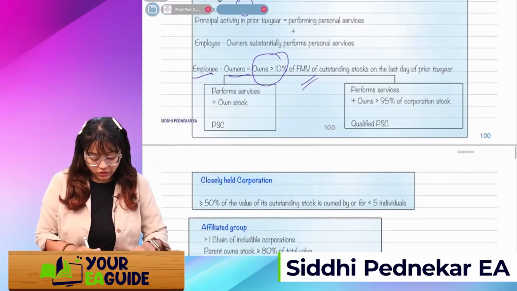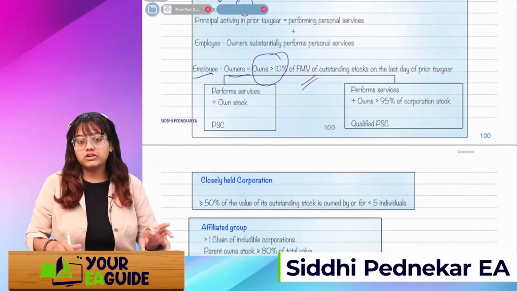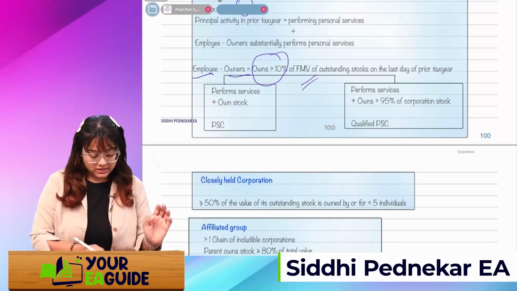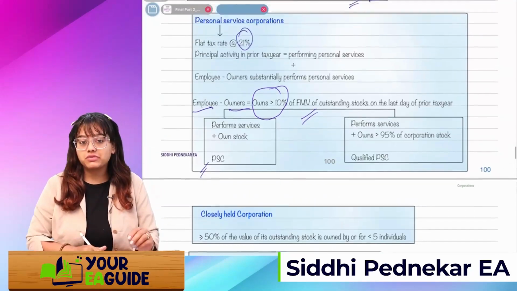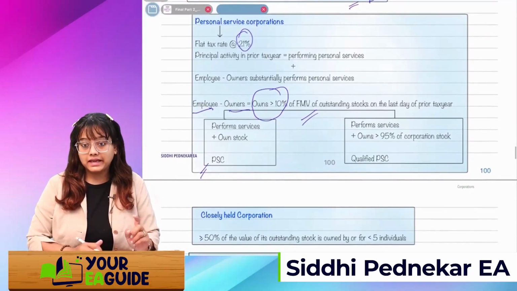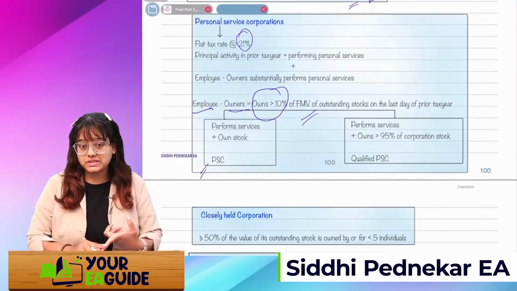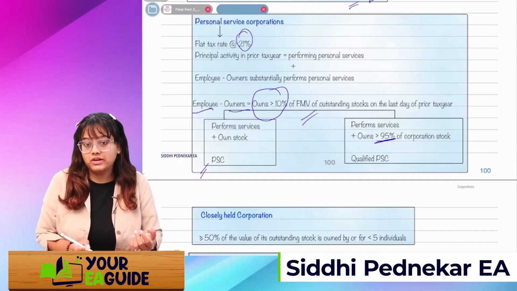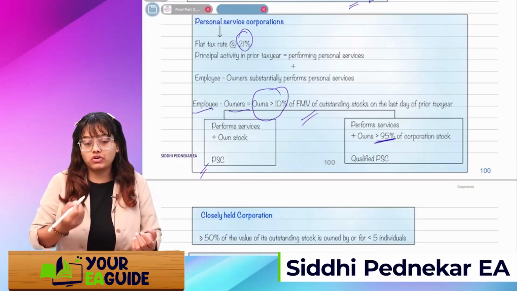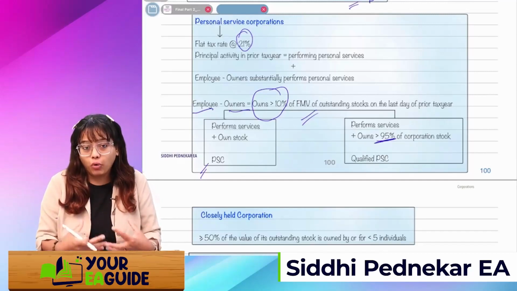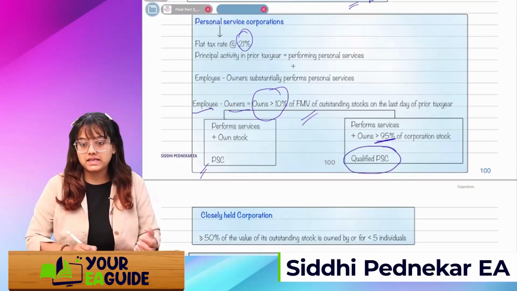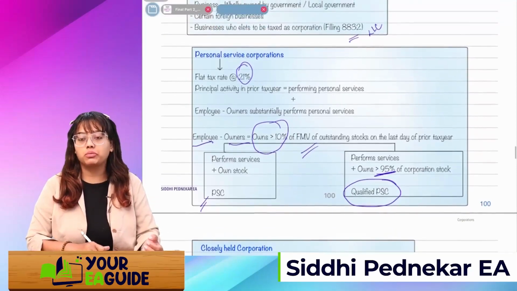So two things the owner will do. First, they will perform the services plus own stock. This is called a personal service corporation. Second, if they perform services plus own more than 95% of the corporation stock, then they are called a qualified PSC, qualified personal service corporation.